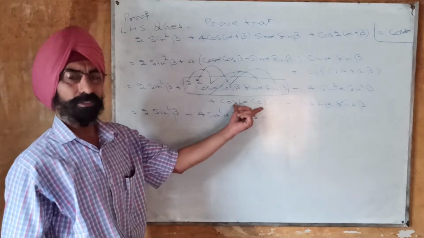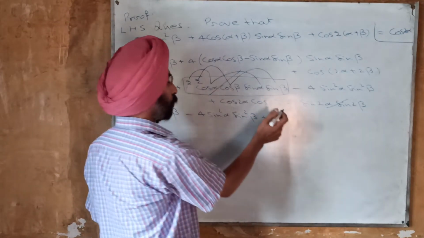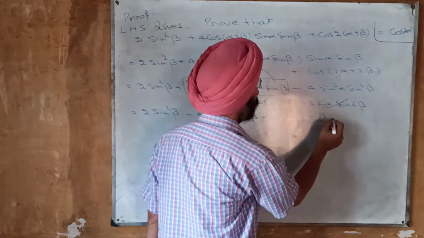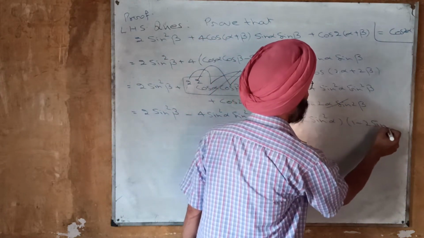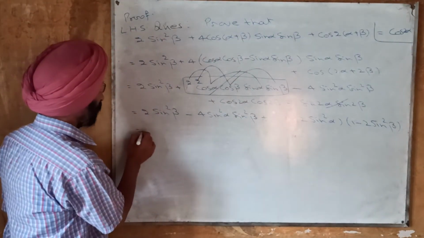this term. Once again I am applying the formula for cos 2 alpha as well as for cos 2 beta. So cos 2 alpha is 1 minus 2 sin square alpha and cos 2 beta is 1 minus 2 sin square beta. Once again open the last bracket.